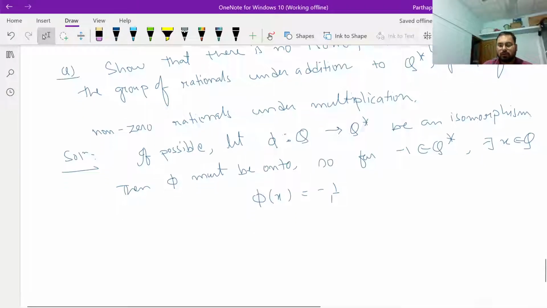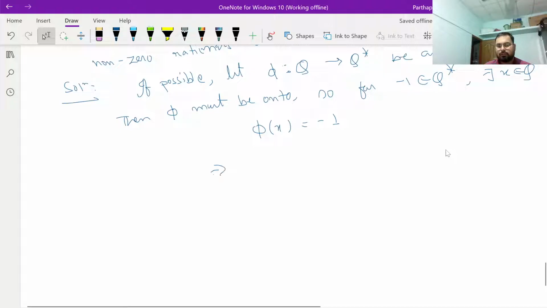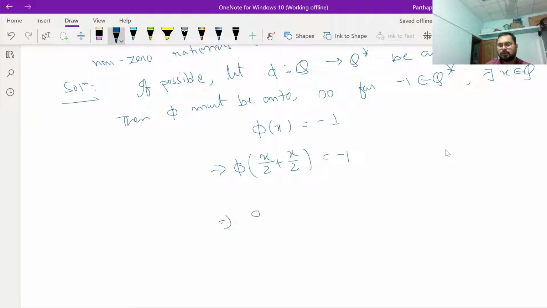Okay. So now how can I write it? This implies phi of x can be written as phi of x by 2 plus x by 2. This is equal to -1. Since phi is a homomorphism from Q plus to Q star, this is nothing but phi of x by 2 into phi of x by 2, by the property of homomorphism. So this is phi of x by 2 whole square.